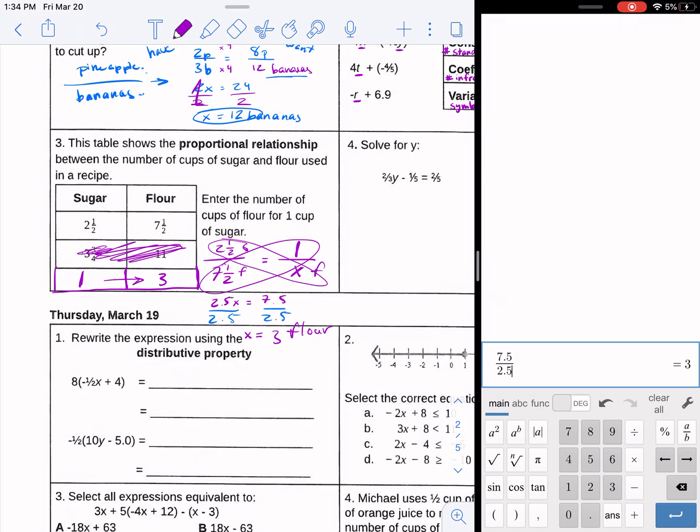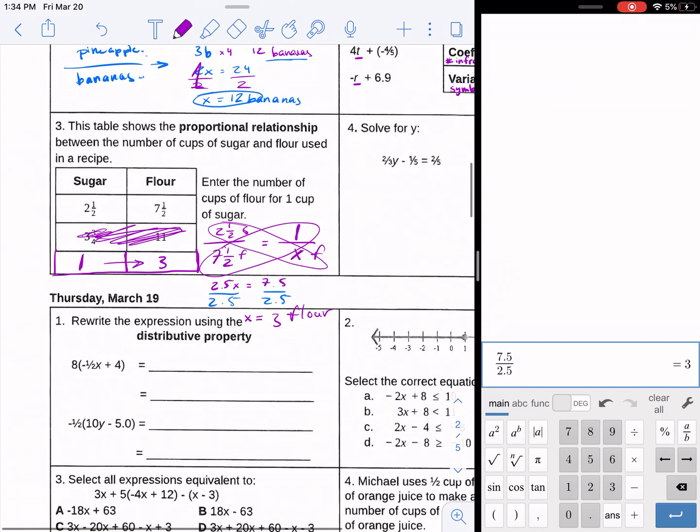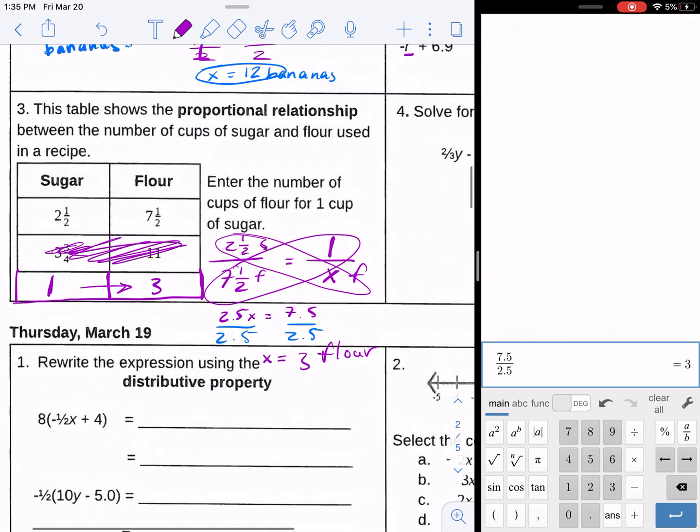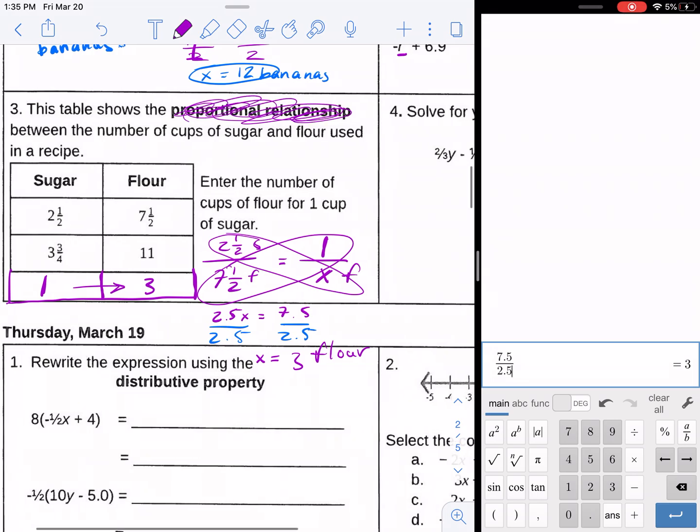This is not a proportional relationship. But that's okay. It is what it is, guys. Sometimes we make mistakes, but yeah, it should be 3. This should be what we want. If you would have used the 3 3/4 to 11, you would have gotten a different answer, because it's not proportional after all. But that's okay. It's just practice.